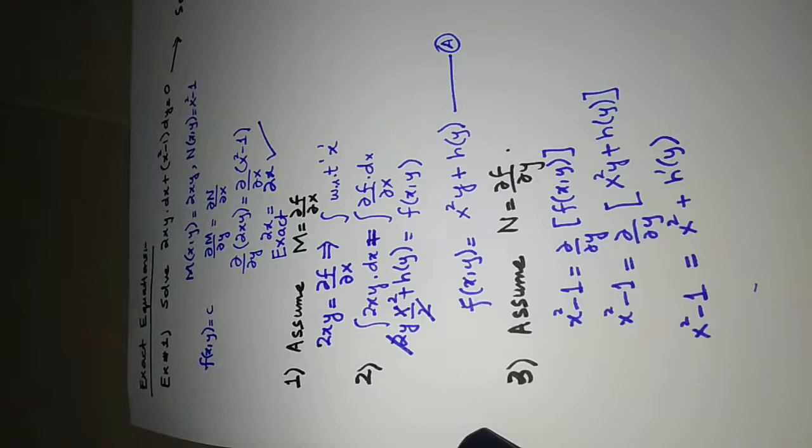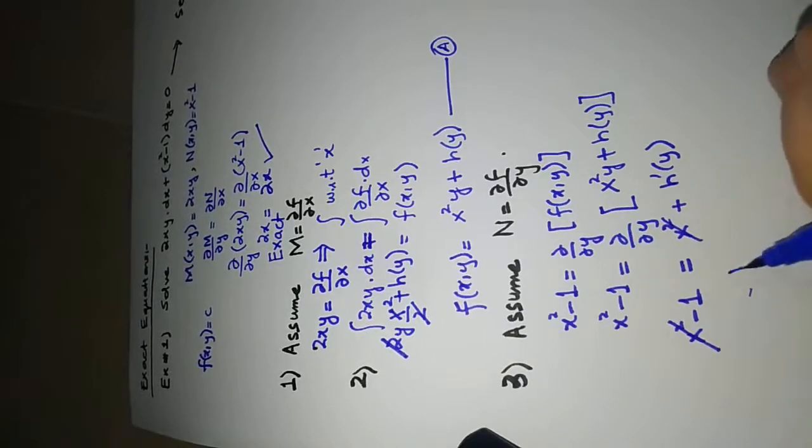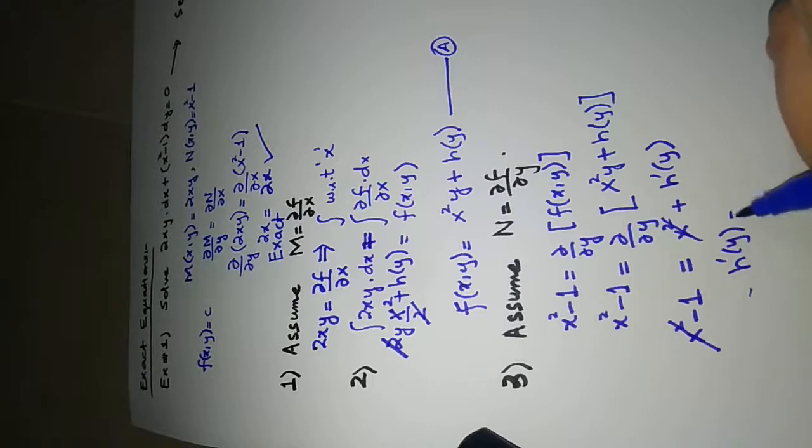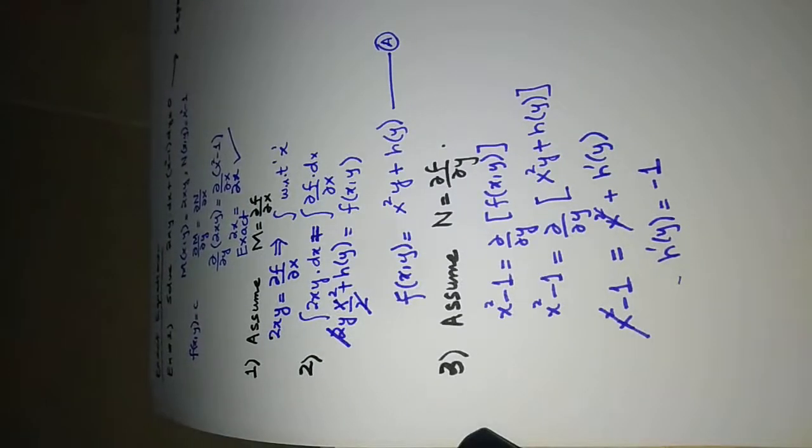So x² is cancelled, and h dash of y equals minus 1. So it is a constant here, or only a function of y. In further examples I will tell you about that.